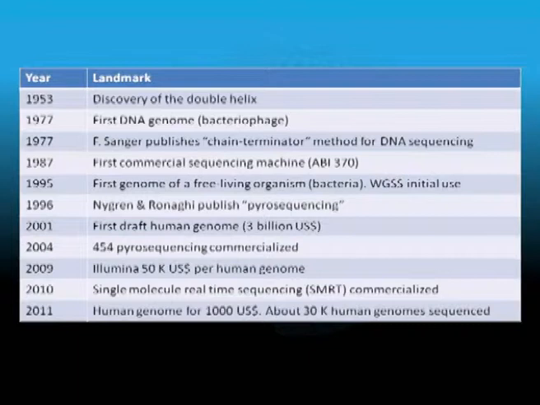Then we have pyrosequencing published in 96. In 2009, we have the first human genome for $50,000. And recently, we have the first human genome for about $1,000. So in about 60 years, there has been a huge advance in this field.